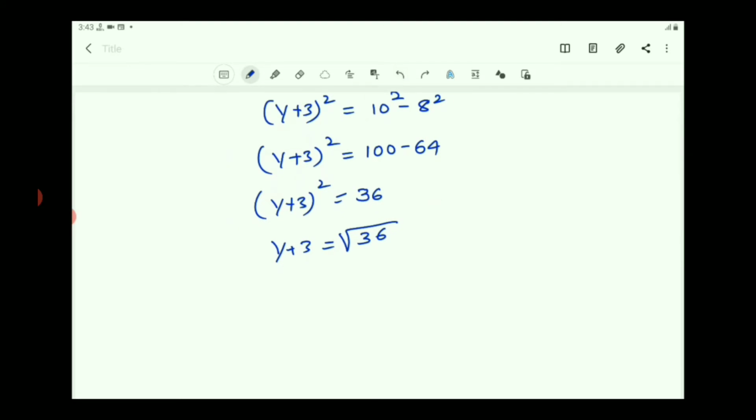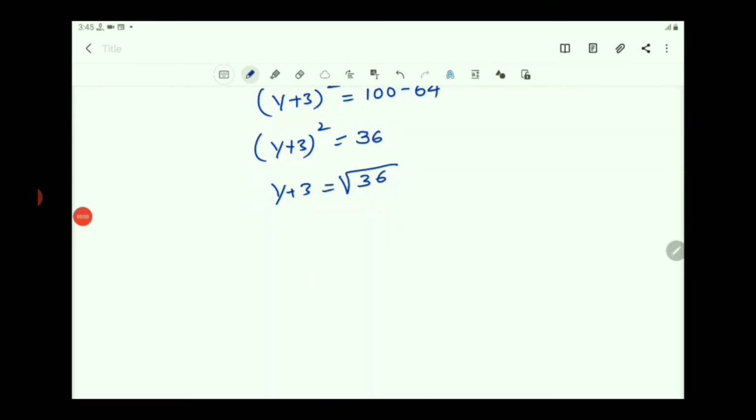So y plus 3 equals what? Root 36. You take y plus 3 equals plus or minus 6, because 36 equals 6 square or minus 6 whole square. Therefore you take y plus 3 equals plus or minus 6.